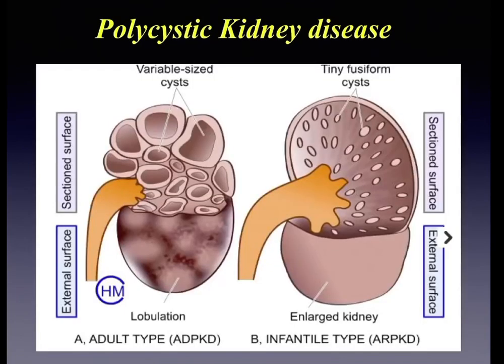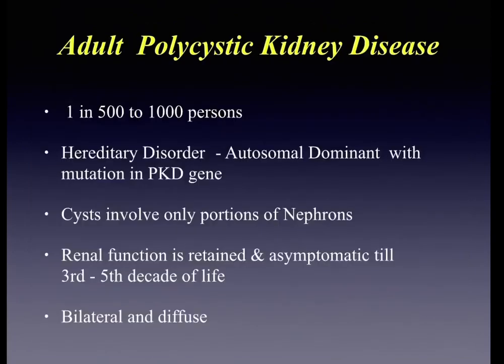So next, coming on to polycystic kidney disease, it is mainly of two types depending on the age of onset and the inheritance, the adult type and the infantile type. The adult polycystic kidney is a hereditary disorder which is autosomal dominant, associated with mutation in the PKD gene.